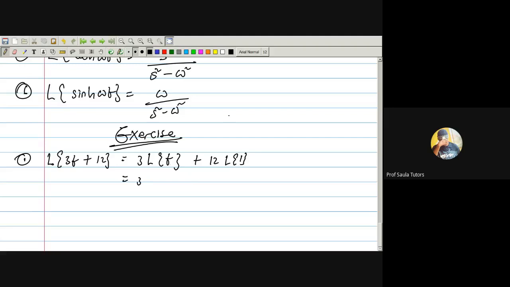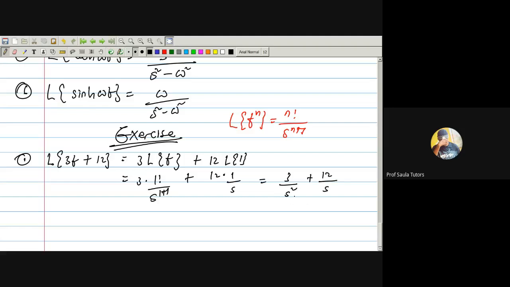Don't forget that if I have Laplace of t to the n, it is n factorial over s to the power n plus 1. So what I'm having here will be 1 factorial over s to the power 1 plus 1. The Laplace transform of 1 is 1 over s. We've learned that before. So this will give me 3 over s squared plus 12 over s.